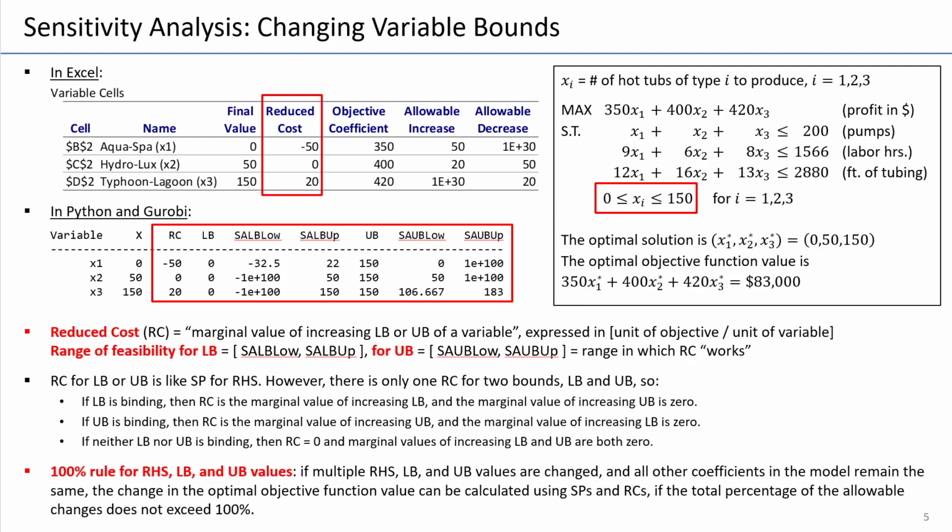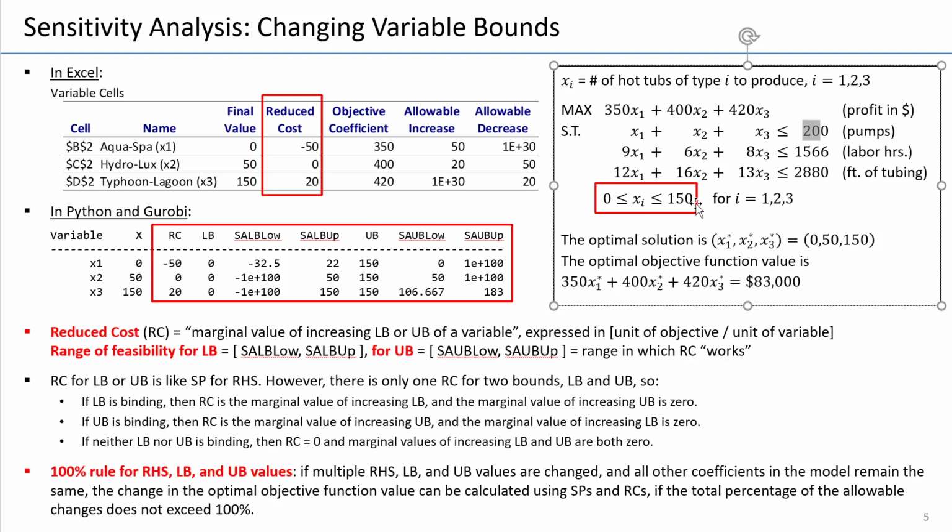And also we could extend this by another thing, right? So we could, for example, say, what if the number of pumps here increases by something and one lower bound decreases or another upper bound increases? Again, as long as these changes, measured as percentage of allowable increase or allowable decrease, do not exceed 100% in total, we can apply, for the change in the right-hand side, the shadow price.